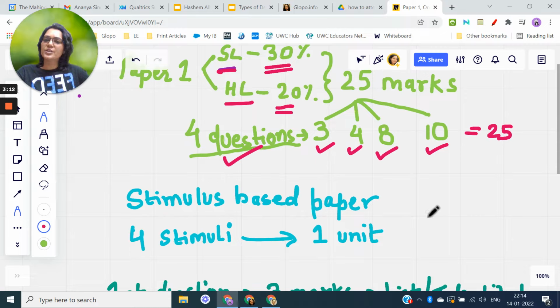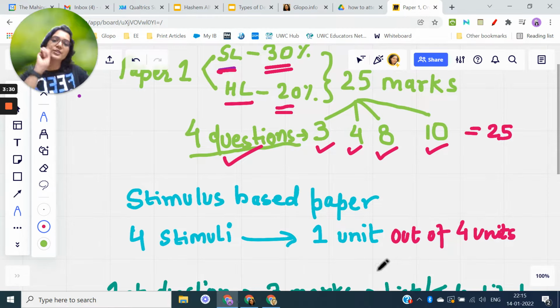This is known as the stimulus-based paper. You would be given 4 stimuli, which would be from 1 unit out of how many units? Out of 4 units. We have already covered this in our video. So there are a total of 4 units, and you would be given 1 unit out of the 4. The name of the unit would be written at the top of your paper.